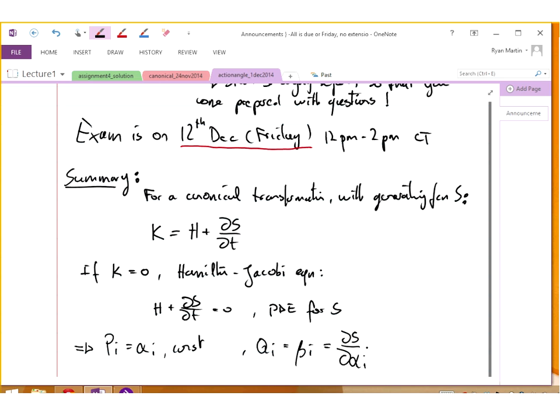So today, again, a highly theoretical subject called action angle variables. That's section 8.5 in the notes.